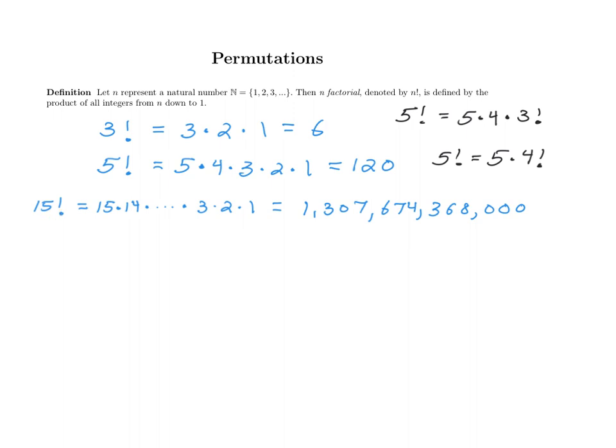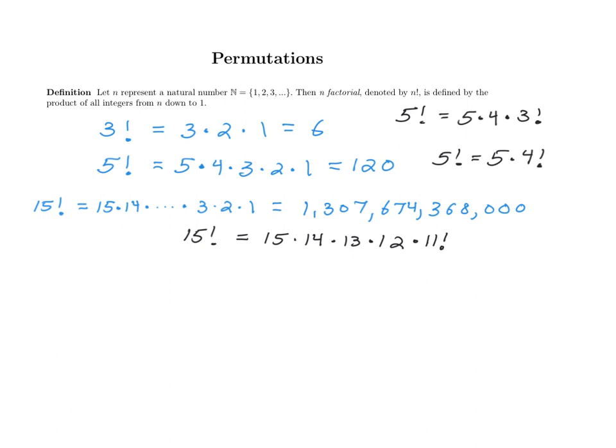You could write 15 factorial as, let's say, 15 times 14 times 13 times 12, and the second you get to 11, well, instead of writing 11 times 10 times 9 and so on, you could just put factorial after it, and this symbol is the same thing as saying, okay, put 10, then 9, then 8 until you get down to 1. So a nice observation about working with factorials. So the definition, different ways that you can write it.